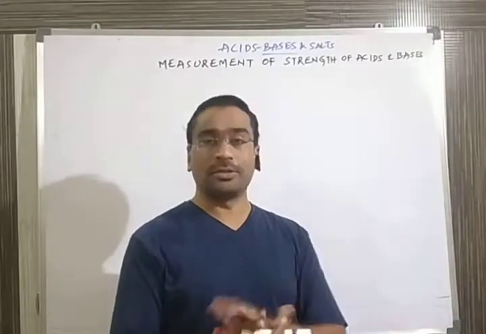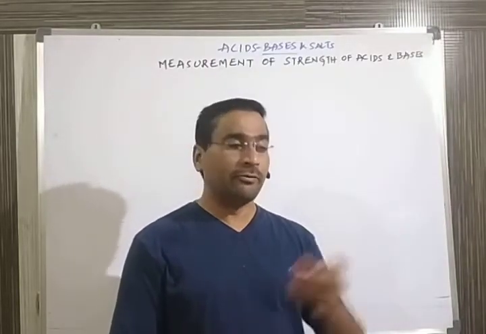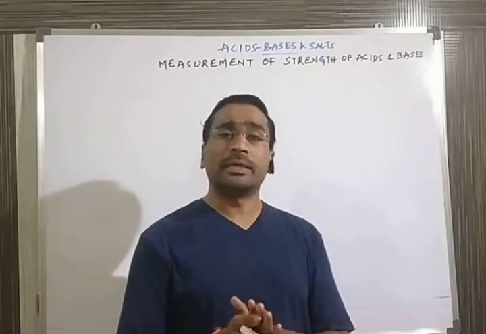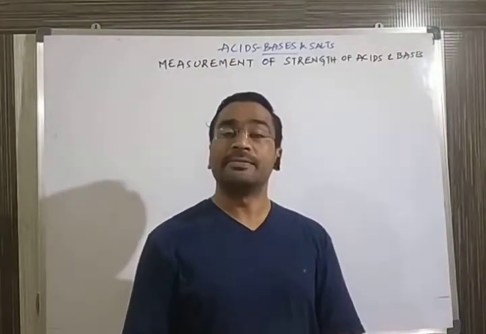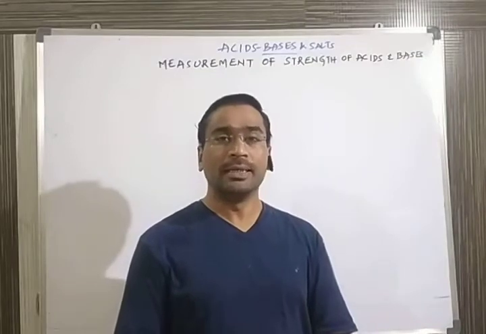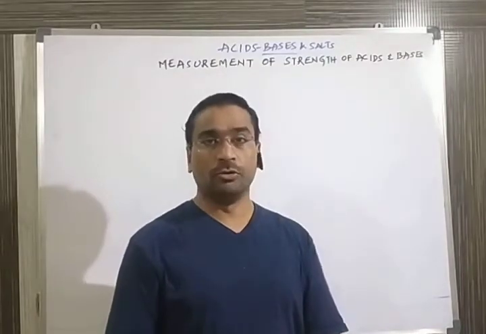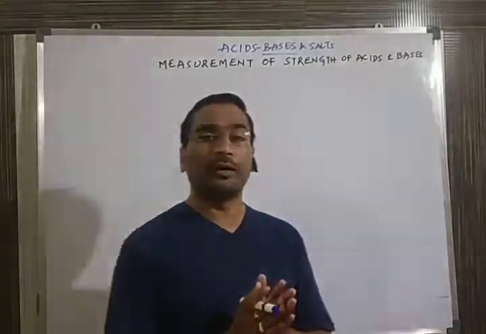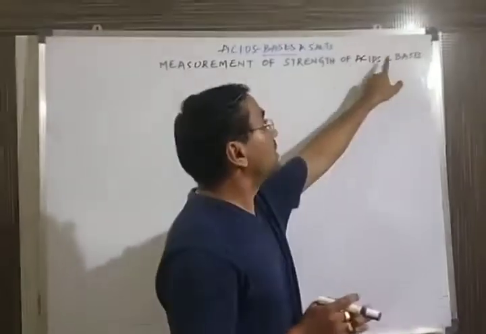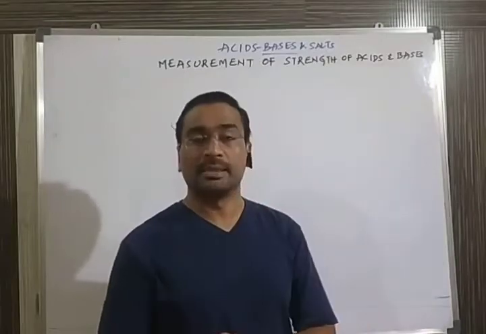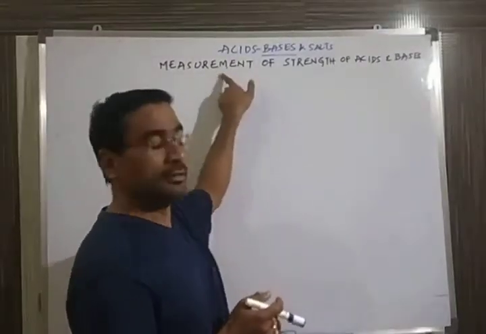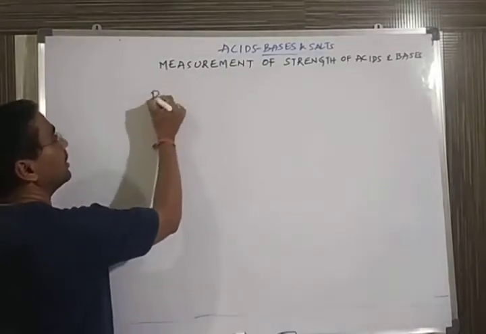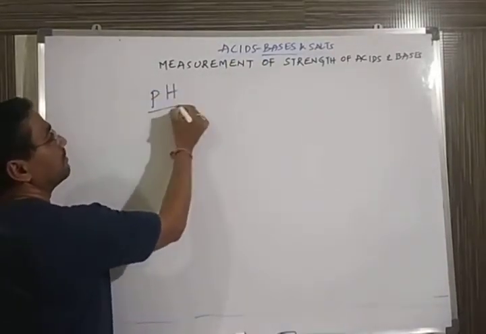Similarly, we use some bases in our daily life, maybe washing soda, baking soda. Which is a strong base and which is a weak base? If you want to say that, there should be some parameter to measure it. The strength of an acid or a base can be measured by using the term pH.